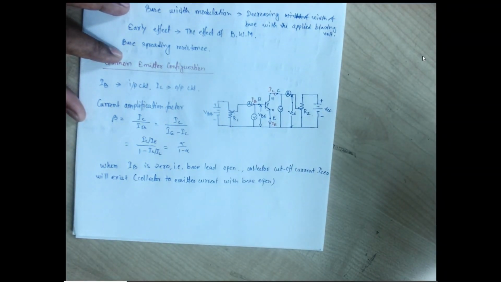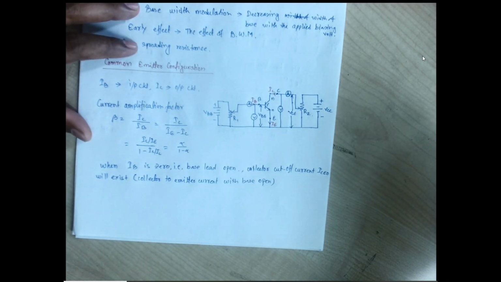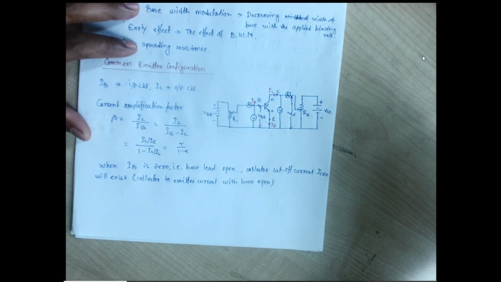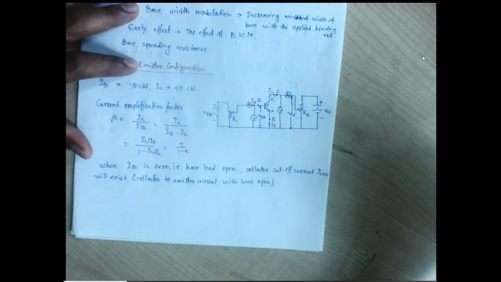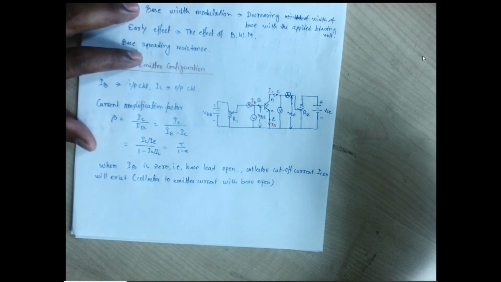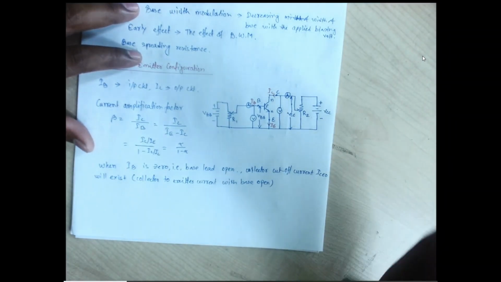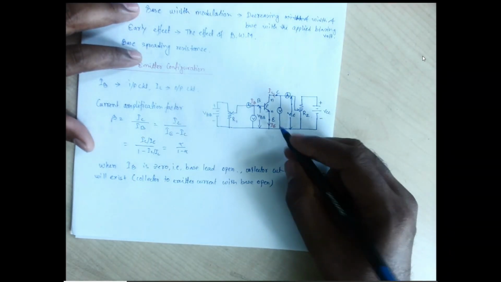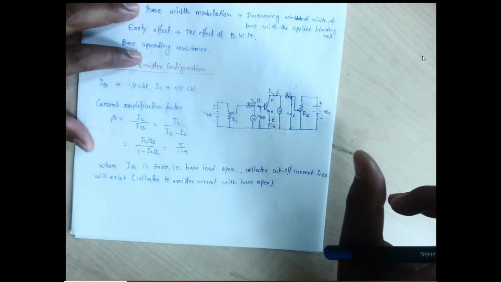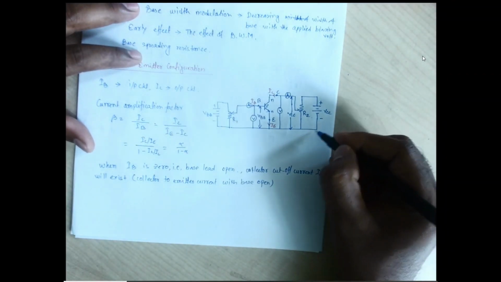So it is obvious that this ICEO will be quite higher than the previous ICBO. ICBO was the collector to base current when the emitter is open. Between collector and base, reverse bias has been provided and some minority charge carriers move through this junction, and as a consequence the current is very small. But in this case, between the emitter and collector some current flows due to the entered charge carriers.